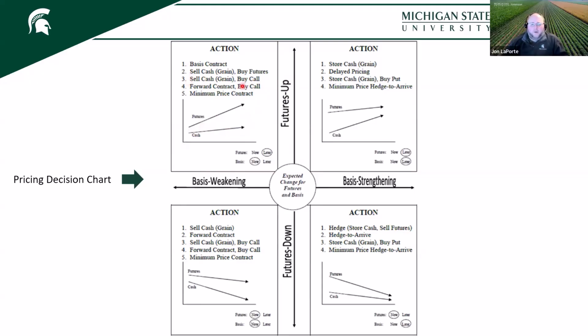We can also sell the grain that we have in the bin and buy a futures contract. We exit the cash market, enter the futures market, and ride where that goes. Or we can sell the cash, again exit the cash market, and use a call option to give us the opportunity to buy into the futures if we think there's going to be an opportunity.